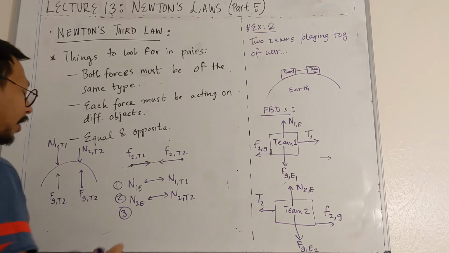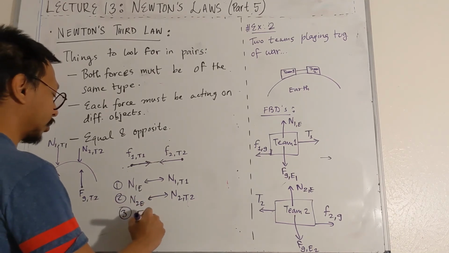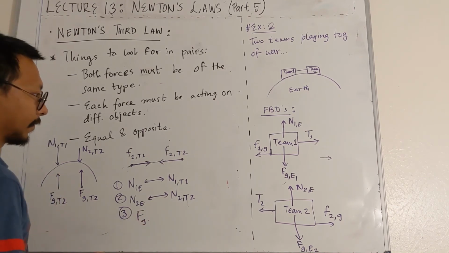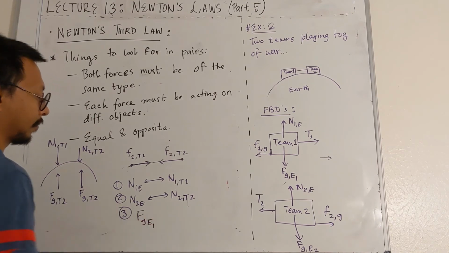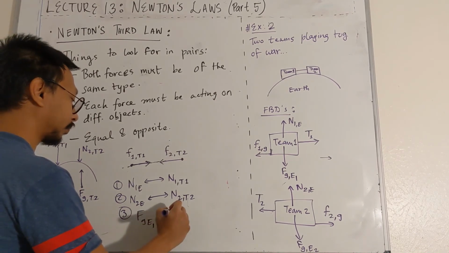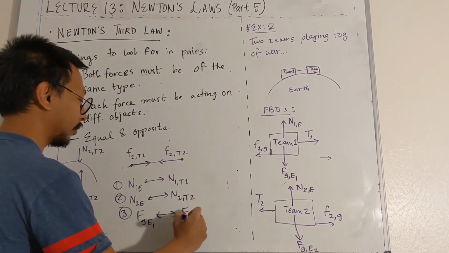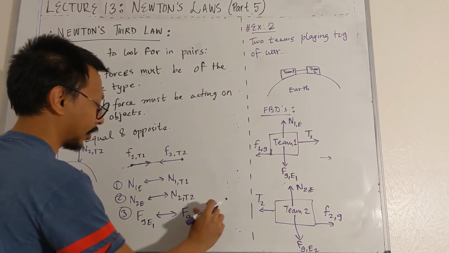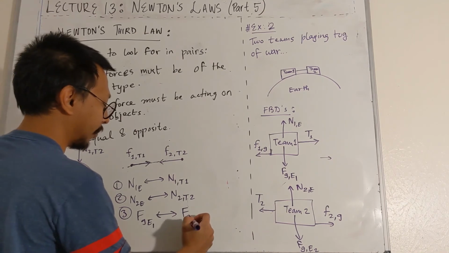Normal forces are all paired. Let's move on to the gravity. So gravitational force by Earth on team 1 is paired with gravitational force by team 1 on Earth.